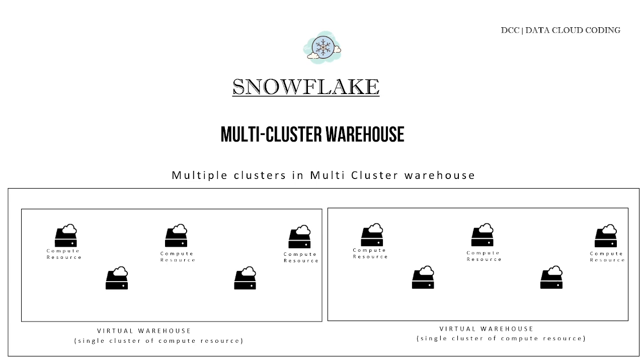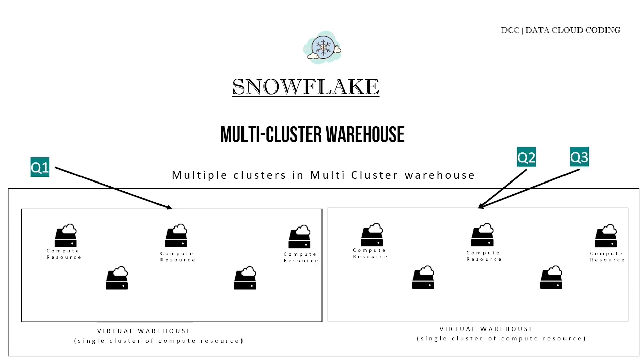Here we have a combination of two clusters, but it can be many, based on the criteria that the user defines. So multiple clusters mean we have a larger pool of compute resources available to run as many queries as the requirement may be.